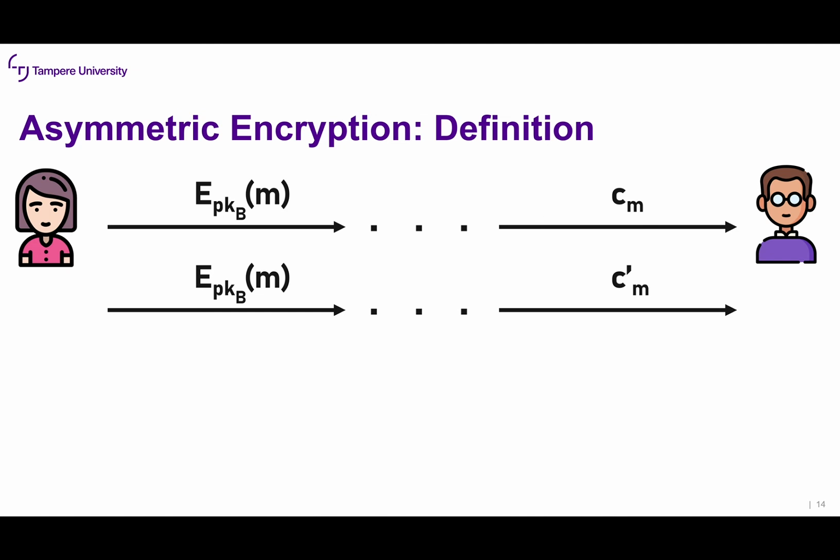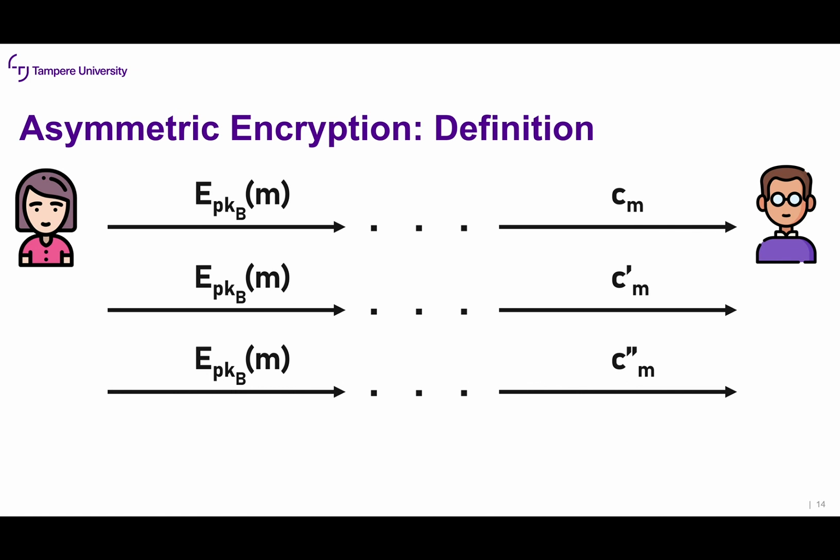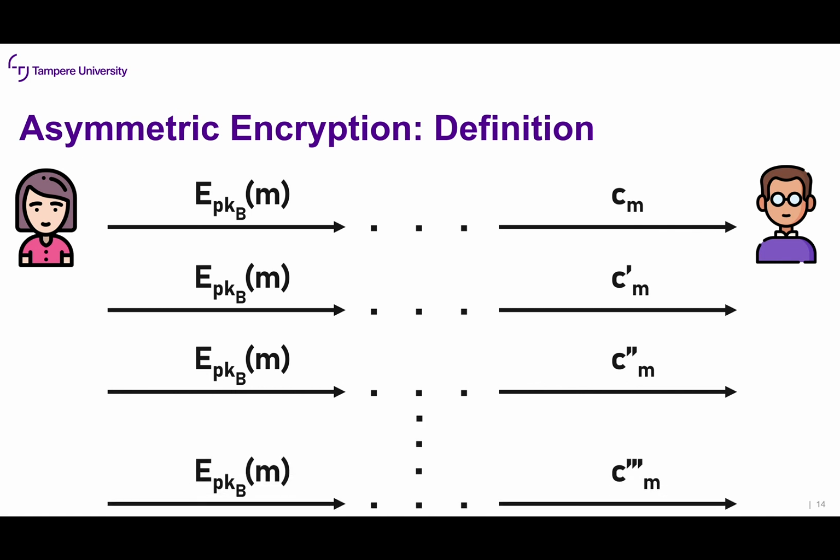This will generate another ciphertext of the same message. By encrypting the same message with the same key, the output is different. And if she does this another time, again, we will have a different output. And if she does this 1 million times, we will have 1 million different outputs of the same message M.